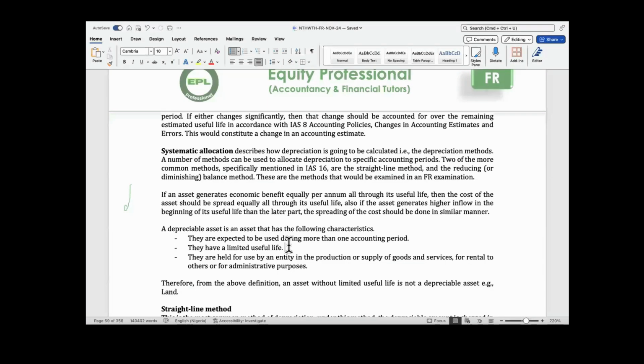Who wants to be depreciating an asset for 99 years? No, I'm just saying. It has unlimited useful life. Everybody should have been dead by then.